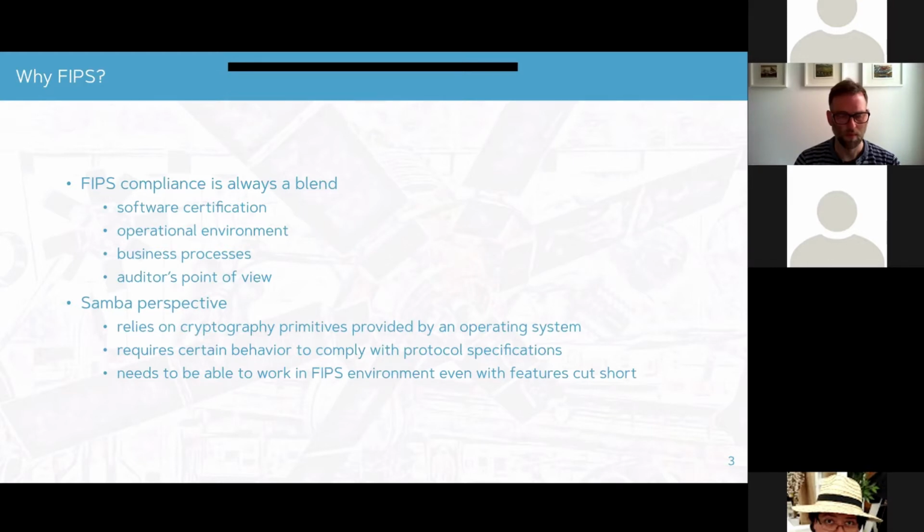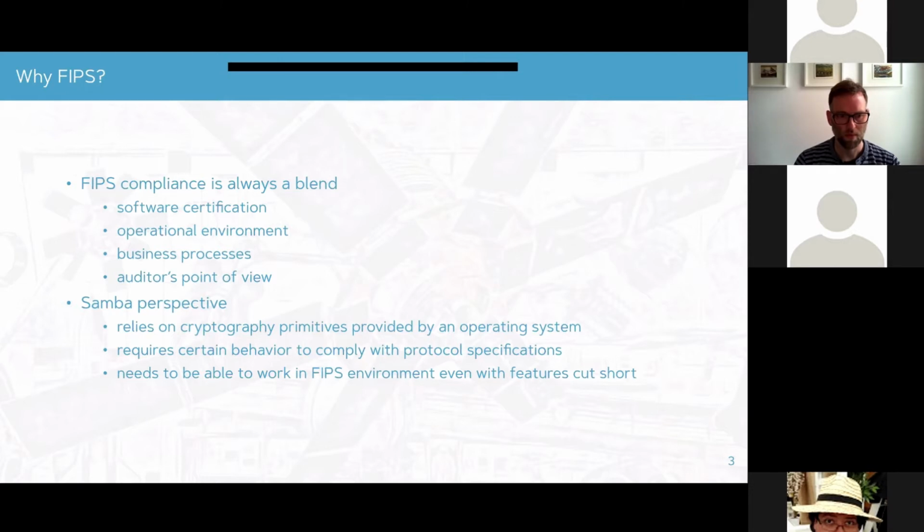And then it's always a combination of things: that your software is actually using only the algorithms that are within the validated FIPS crypto module, that your operational environment corresponds to what's defined in FIPS, and that your business processes do not require things beyond FIPS.